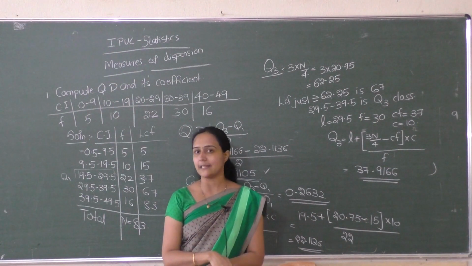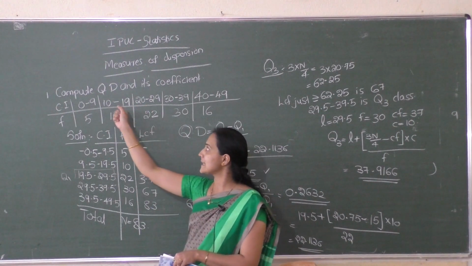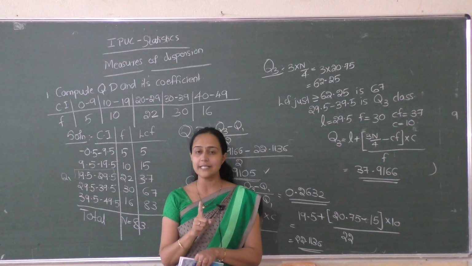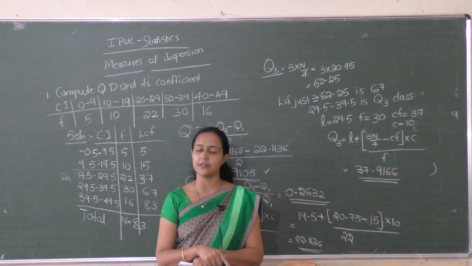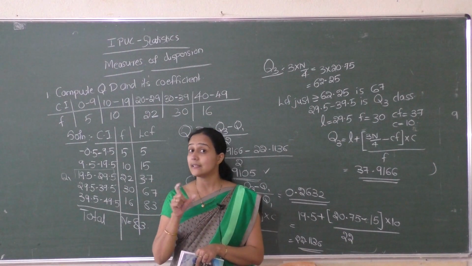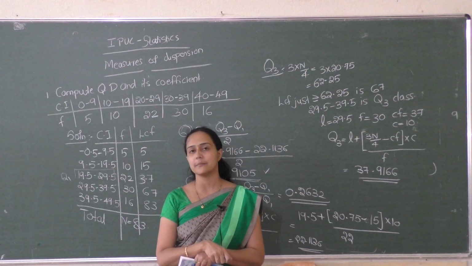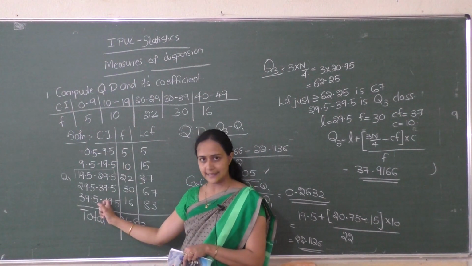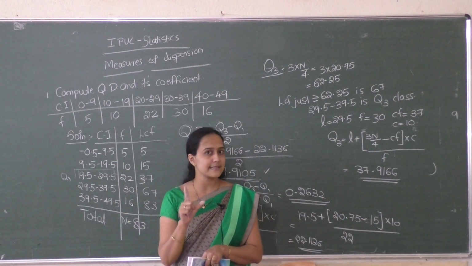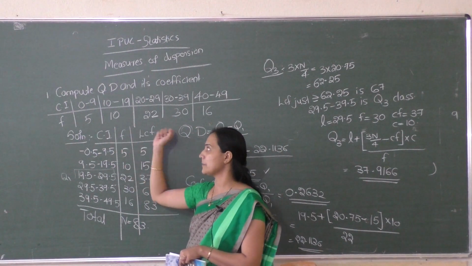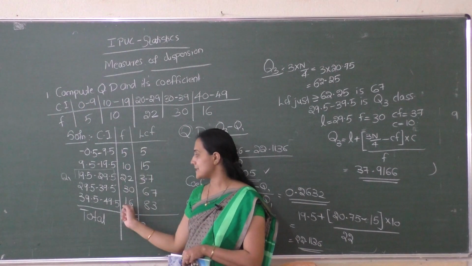That is 20 minus 19, 1, divided by 2, 0.5. Add 0.5 to the upper limits and subtract 0.5 from the lower limits. You will get the exclusive classes like this. Frequencies don't change. Remember, frequencies will be as given in the problem.